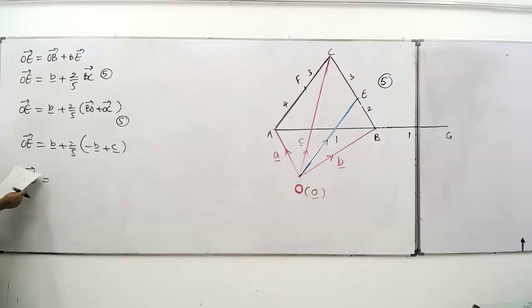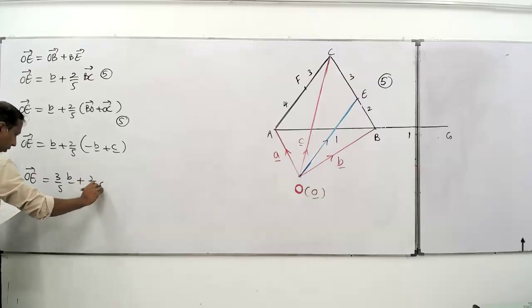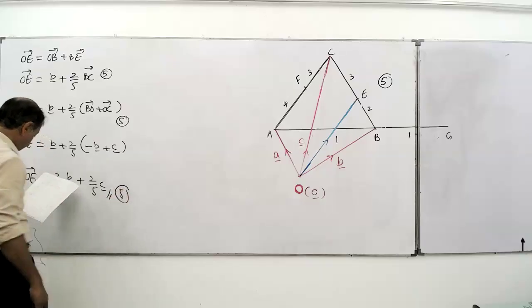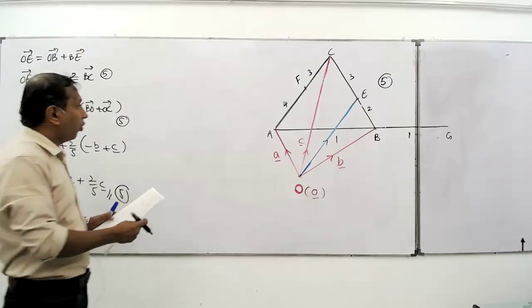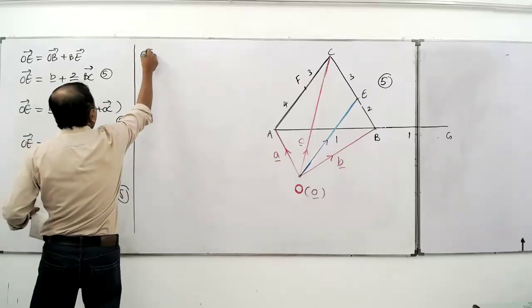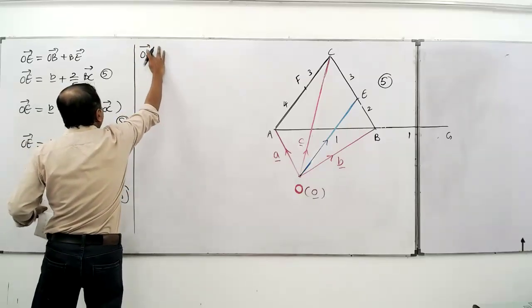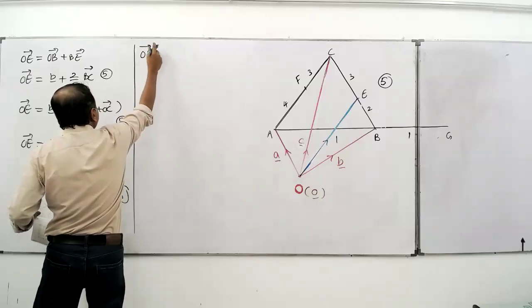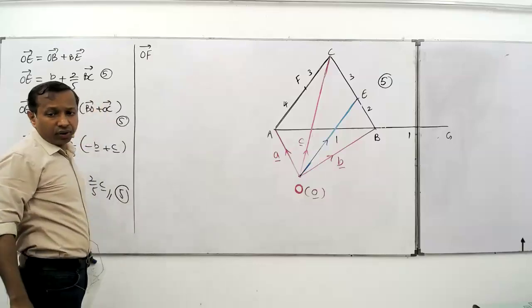The answer asked for, you get, is 2/5 C, for these 5 marks. Okay. Next we write OF. To understand at once, I say here, people, you should have a good memory power.